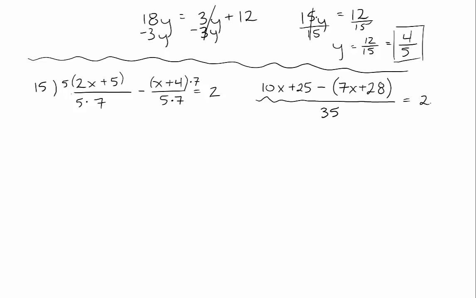And so now I'm going to simplify the top, right? And in order to simplify the top, I first need to distribute this negative to each one of these. And so I'm going to rewrite this. I have 10x plus 25 minus 7x minus 28 all over 35 equals 2.